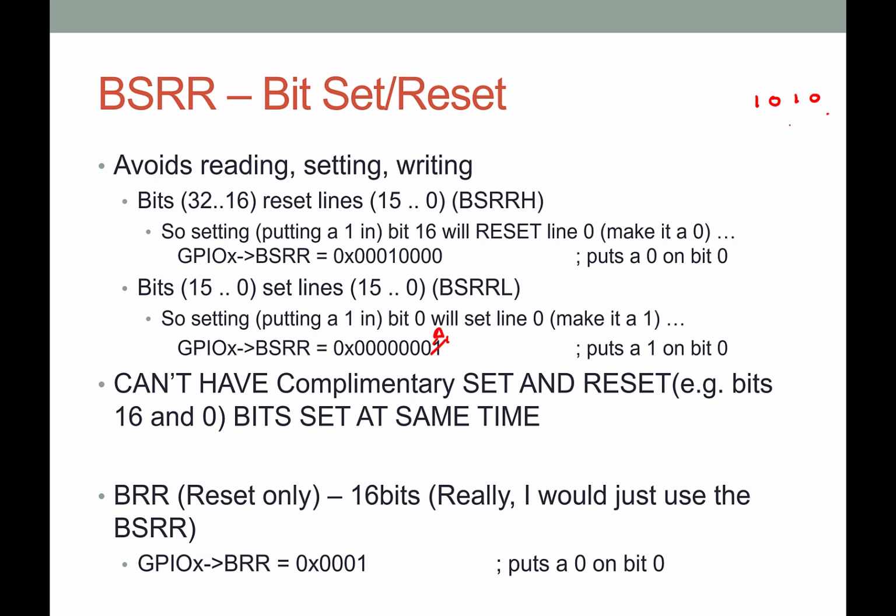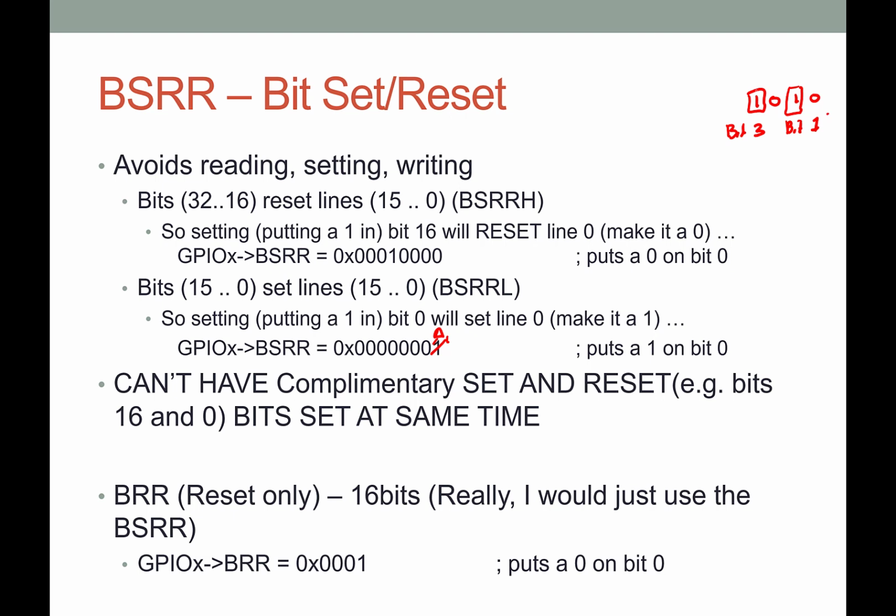That means bit 1 on the port would output a 1, and bit 3 would output a 1. So you can do multiple bits if you want to, and that's how you would do multiple bits. Okay, so that's if you want to set that line or that bit on the port to a 1.